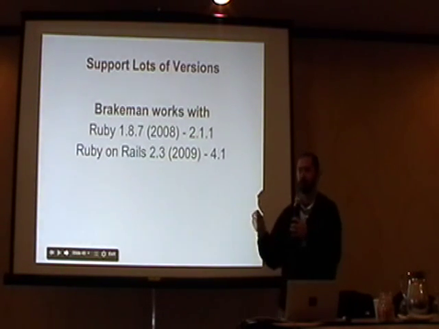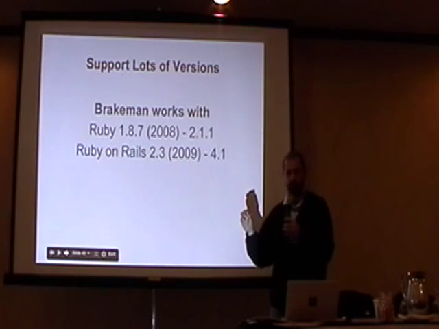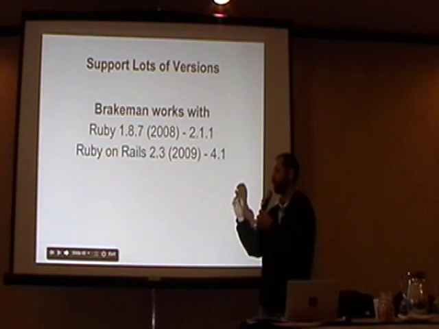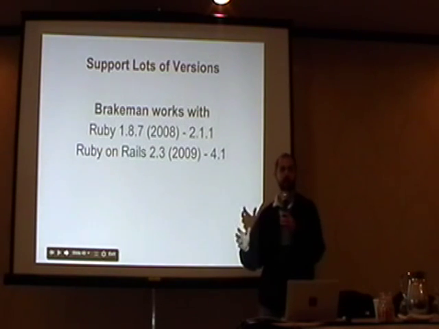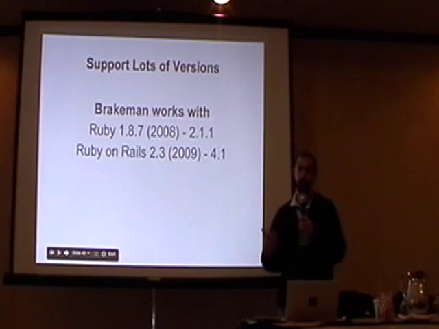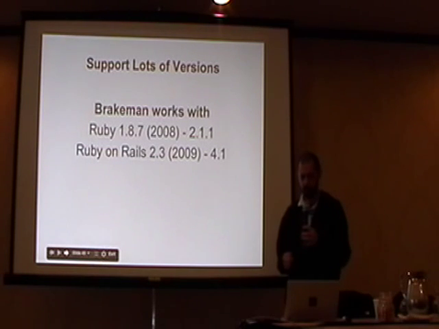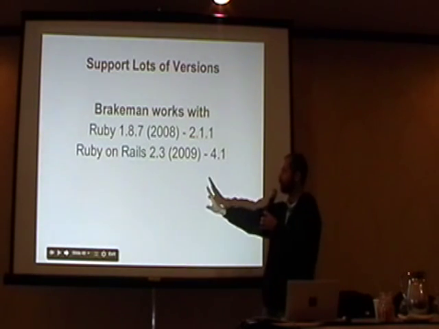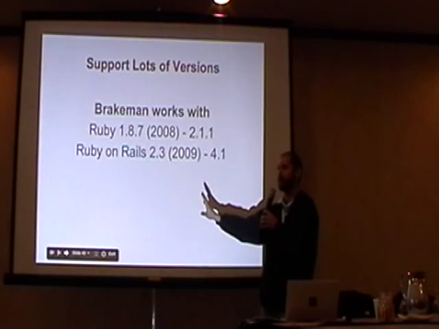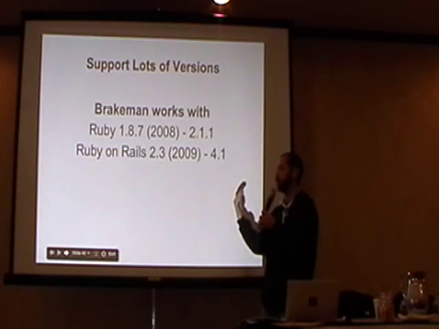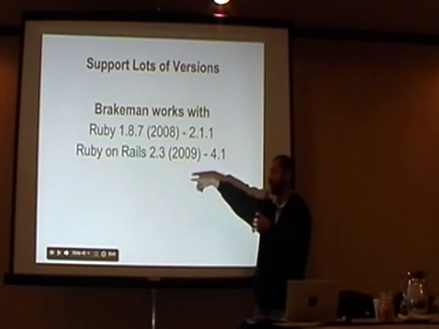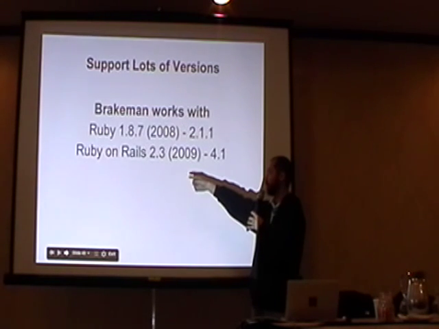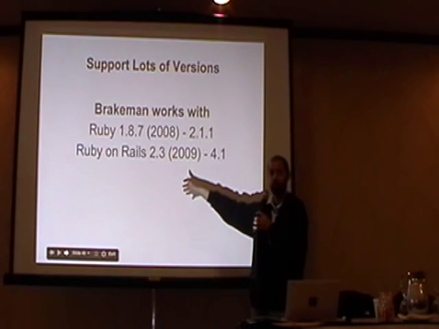This is kind of an accident of when I started writing it. And the fact that a lot of companies are still using legacy versions of Ruby, especially 3.5, 4 years ago. I don't know if it works with Ruby 1.8.6, but it definitely works with 1.8.7 and newer, right? And that's from 2008. Ruby on Rails 2.3, I think it will actually work with 2.0.